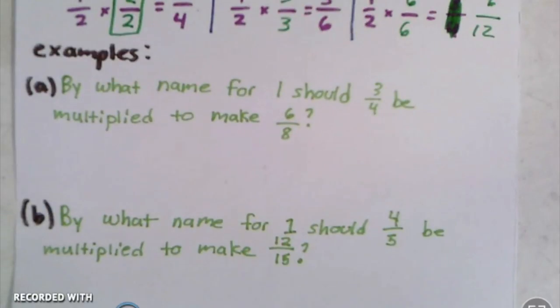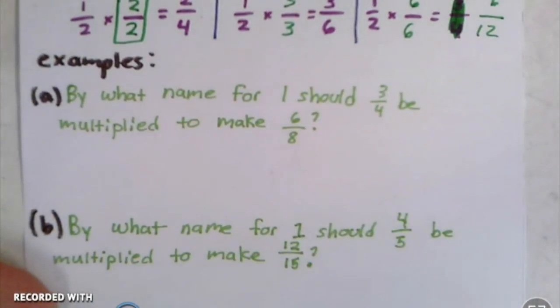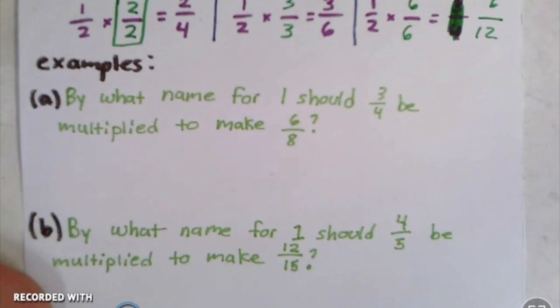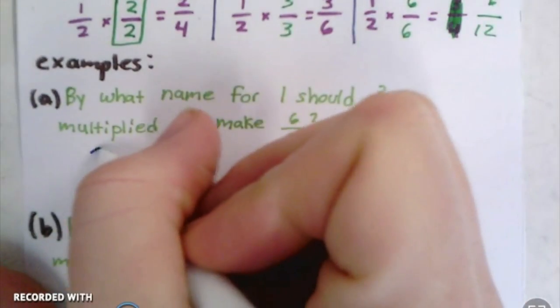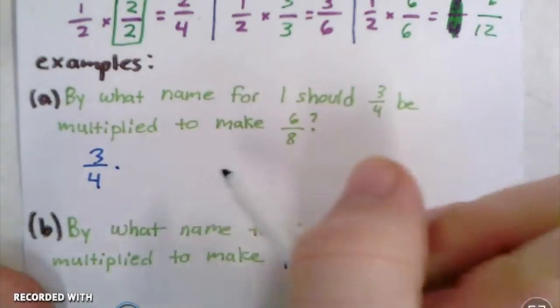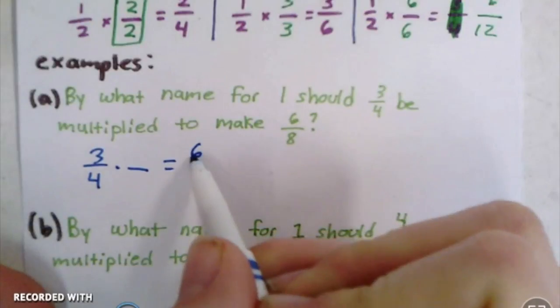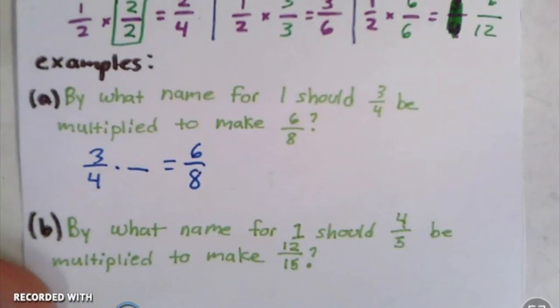All right, here's another example. By what name for 1 should 3/4 be multiplied to get 6/8? The way you're going to do this question is first you start with the fraction that they gave you, which is 3/4. Then you multiply by some fraction, and your answer is going to be 6/8.